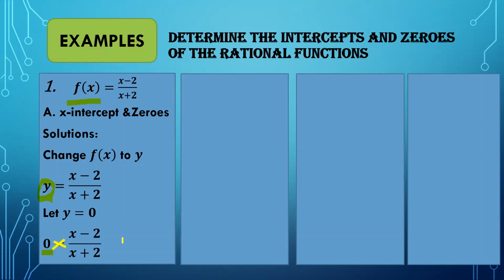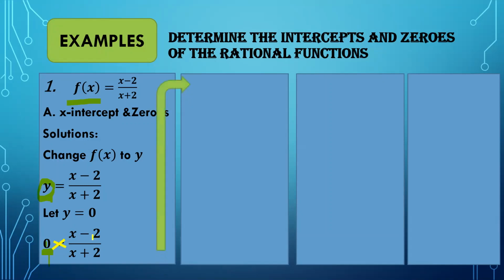Next, we will cross multiply the given expression. The denominator of 0 here is 1. So 0 times x plus 2 is 0, since any number multiplied by 0 is 0. Then 1 times x minus 2 is just x minus 2.